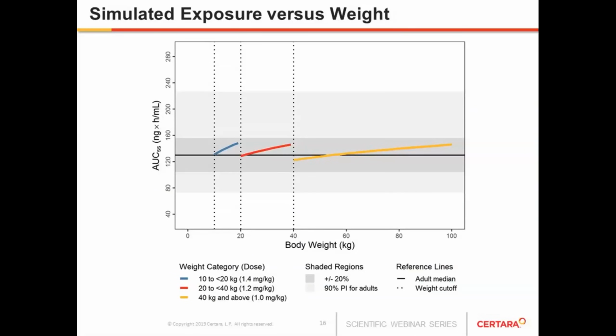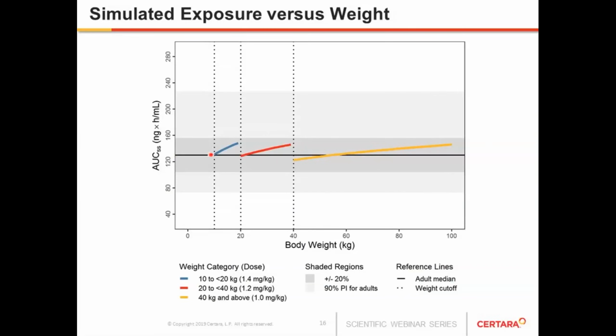For the dose of 1 milligram per kilogram, the median simulated AUC in adults and the targeted window, 20% difference from the median, were determined and are shown in dark gray area on the plot. The light gray area on the plot represents the 90% prediction interval of simulated AUC in adults.